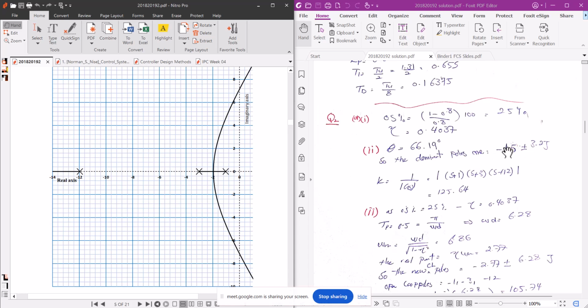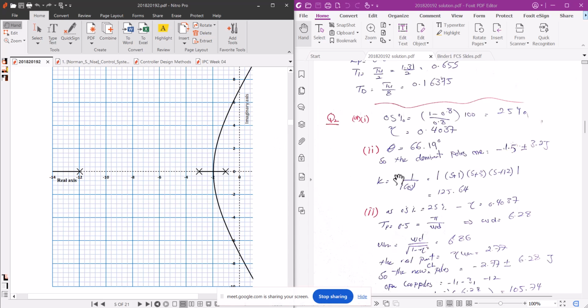After calculating, minus 1.5 plus minus 3.2j, so your system is approximately here.